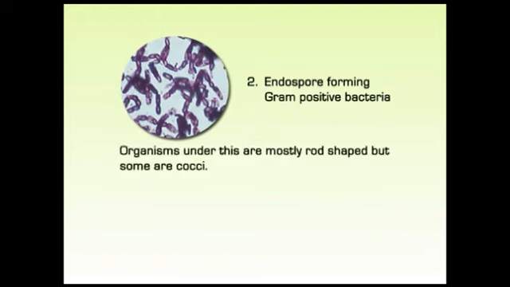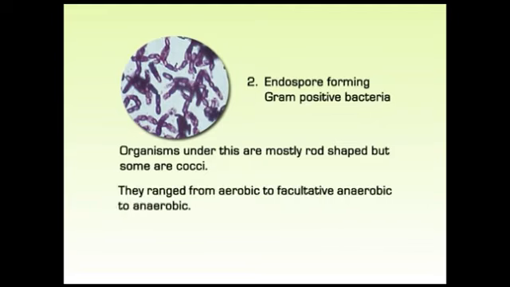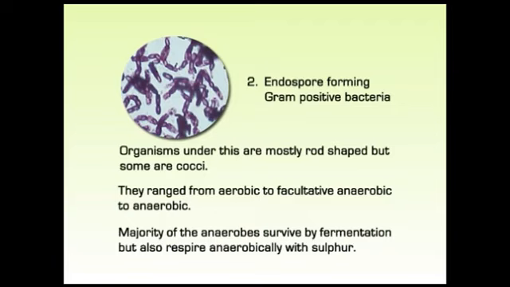Organisms under this are mostly rod-shaped, but some are cocci. They range from aerobic to facultative anaerobic to anaerobic. The majority of the anaerobes survive by fermentation but also respire anaerobically with sulfur.